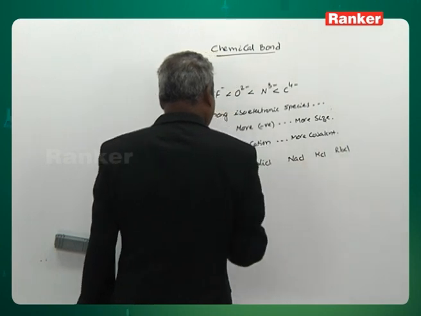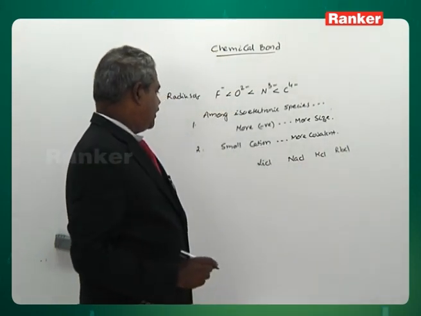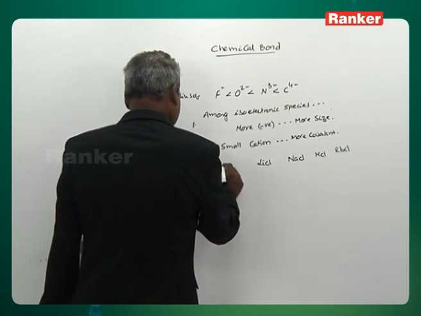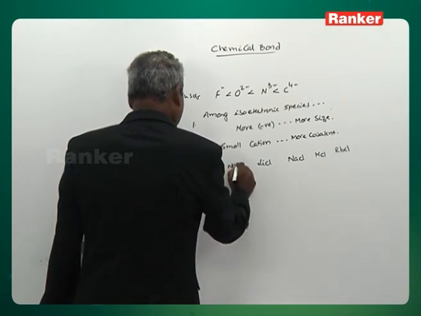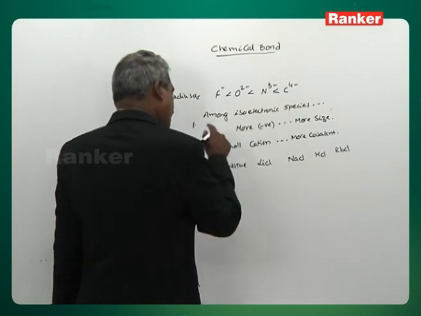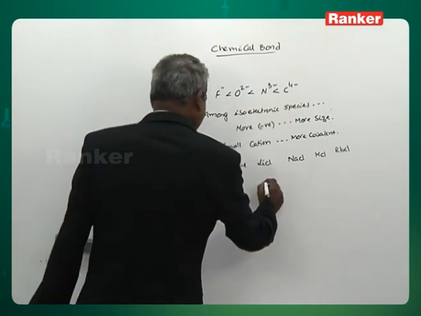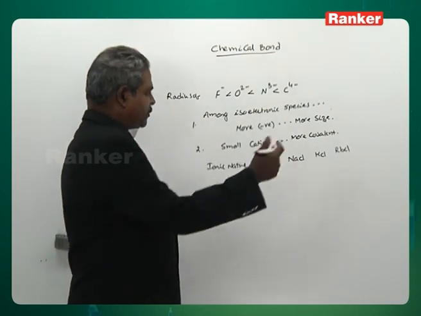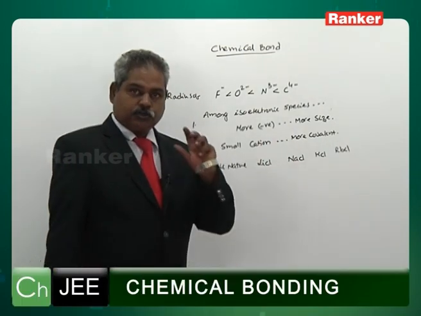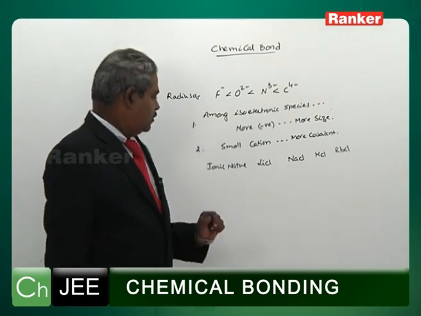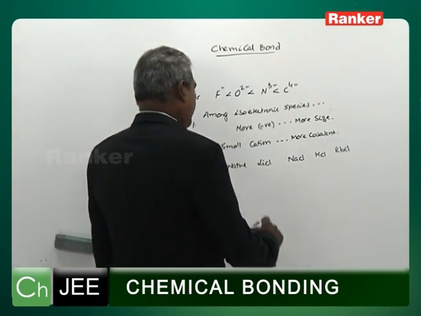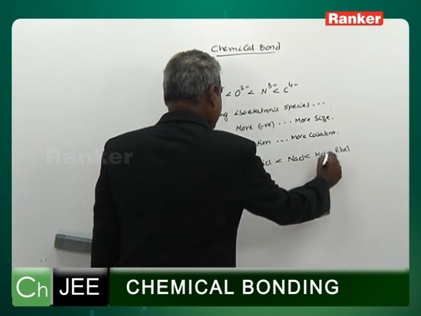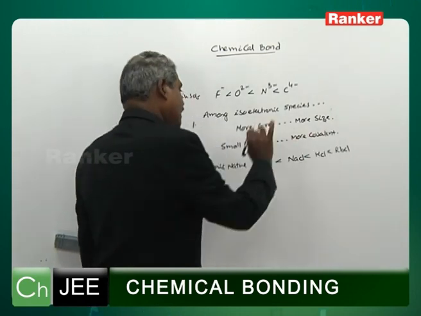Which is more ionic or which is more covalent? Among them, Li plus is the smaller one, Na plus is bigger, K plus is still bigger, Rb plus is still bigger. So, the smaller the size of the cation, the more covalent. Therefore, ionic nature goes on increasing. RbCl is more ionic than KCl.